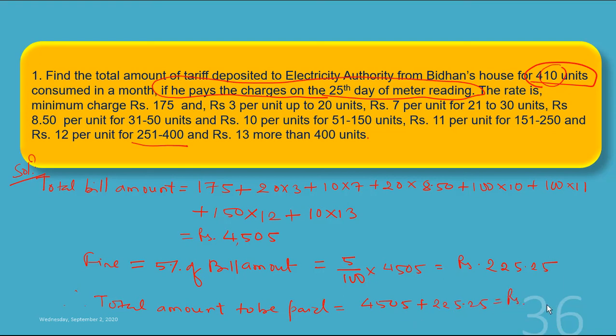Bidan should pay 4,730 rupees under this condition. Okay, under this condition he needs to pay 4,730 rupees to the electricity authority office.